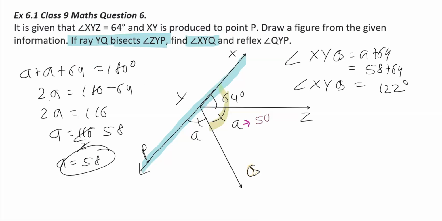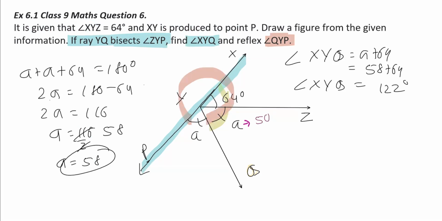Now in the next part, we have to get the reflex angle QYP. This is QYP, right? So reflex angle QYP will be 360 minus angle QYP.